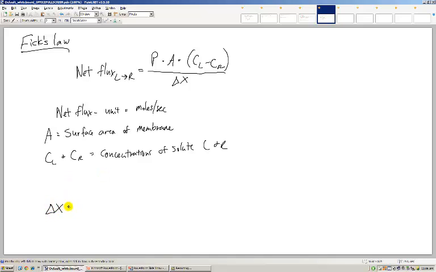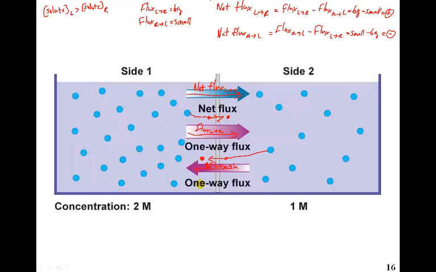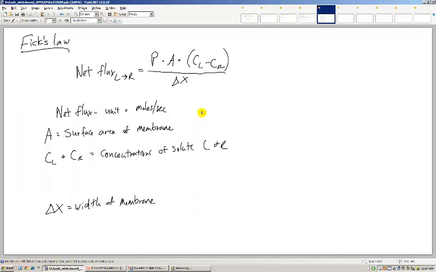Delta X is the width of the membrane. What we mean by that is the actual width of this membrane. If you had a really thick membrane and delta X was big, it's harder for material to pass through than for a thin membrane. And so delta X is in the denominator.